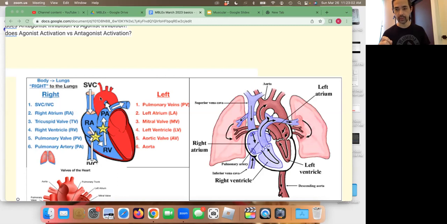Superior, inferior vena cava, right atrium.